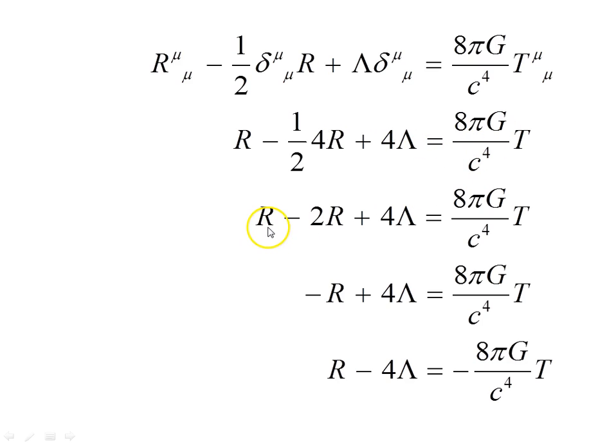This gives R minus 2R plus 4 lambda. Let me correct that: R minus 2R is minus R, plus 4 lambda. Now we're going to multiply through by minus 1, apologies, here we go, right there.